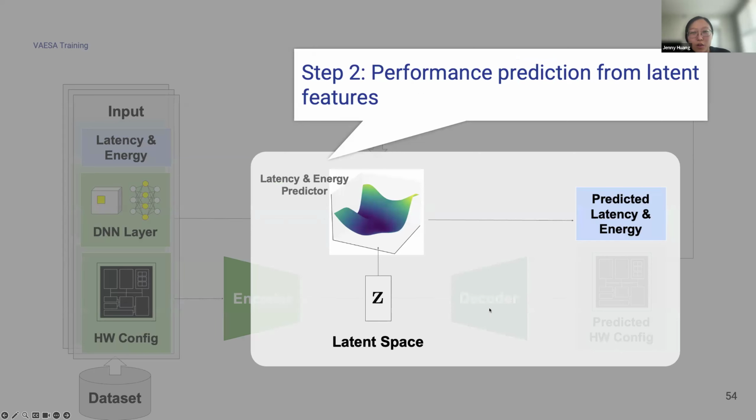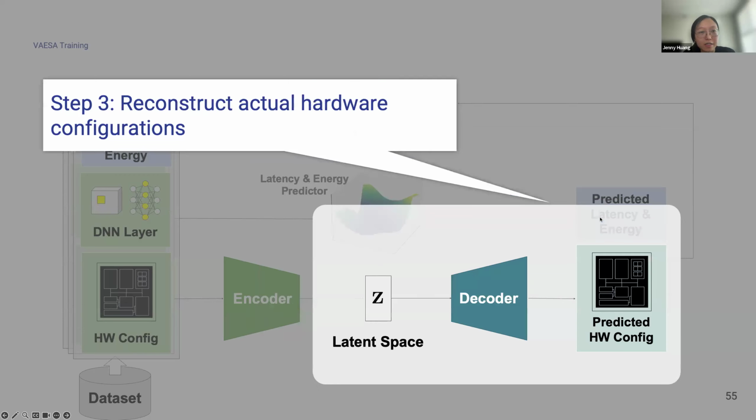Along with the VAE, we introduce latency and energy predictors, which take the latent space features and DNN configurations as input and estimate the energy and the latency. So we take this latent space feature representation of the hardware and the layer configuration as input for the predictor to predict the energy and the latency.